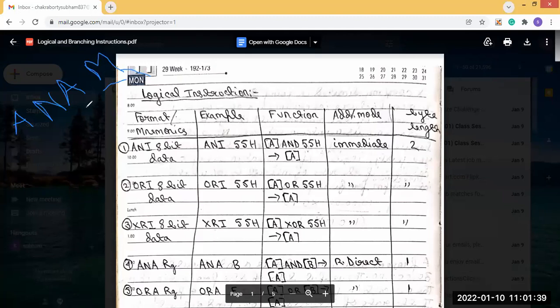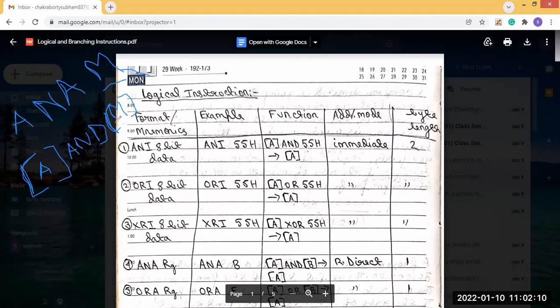If M is mentioned, then we perform the AND operation between the content of the accumulator and M. It is the indirect addressing mode.